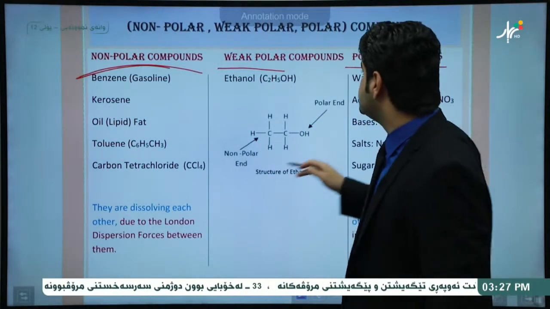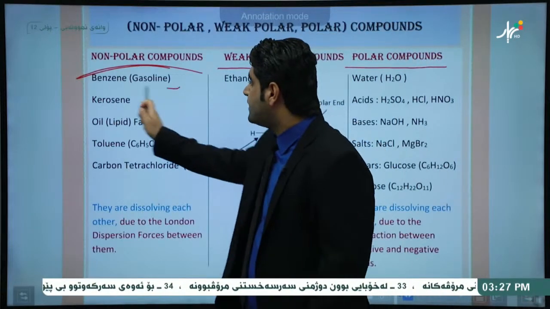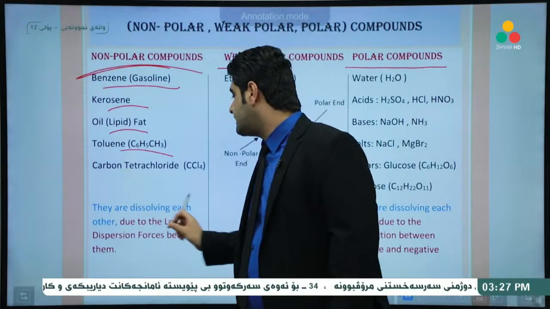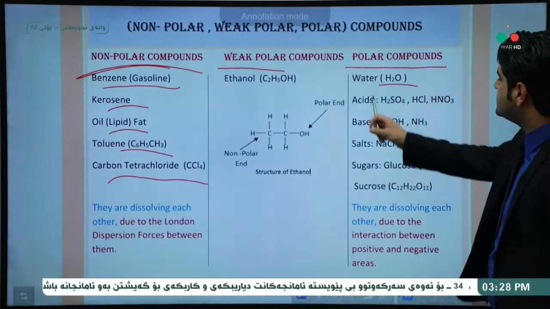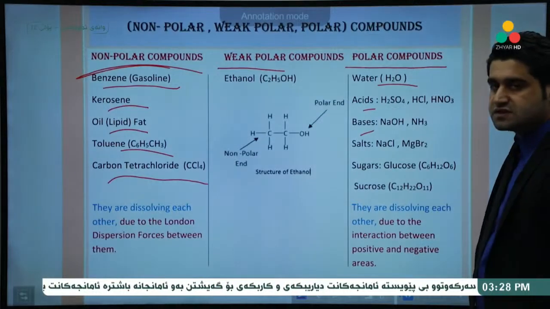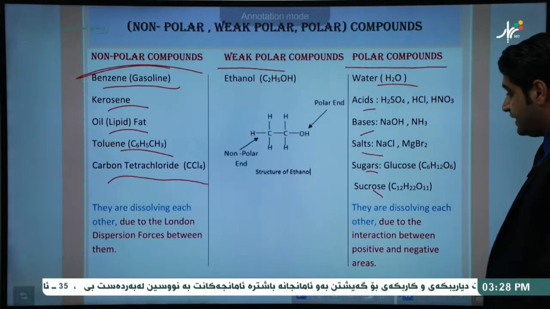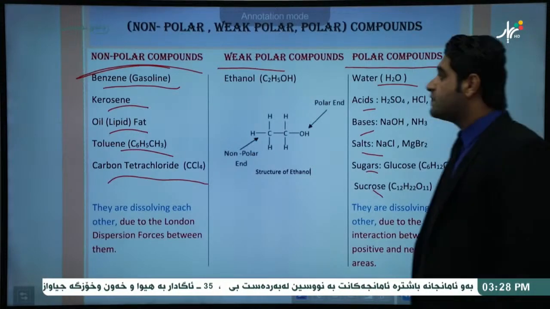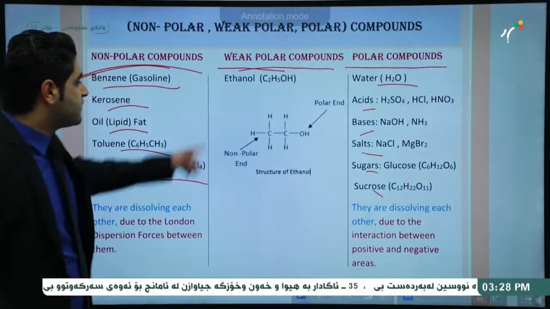Non-polar compounds are benzene, gasoline, kerosene, oil, lipid, fat, toluene, and carbon tetrachloride. Polar compounds are water, acids, and bases including strong and weak, salt, sugar, and alcohol also. But there's a bridge, which is a weakly polar compound, ethanol.